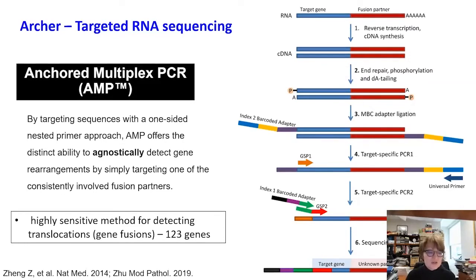This particular platform includes probes and primers for 123 genes, which would cover most frequent translocations described in solid cancers.